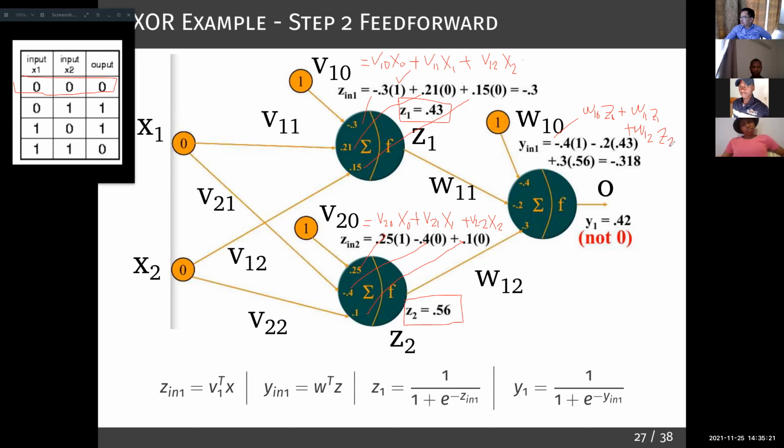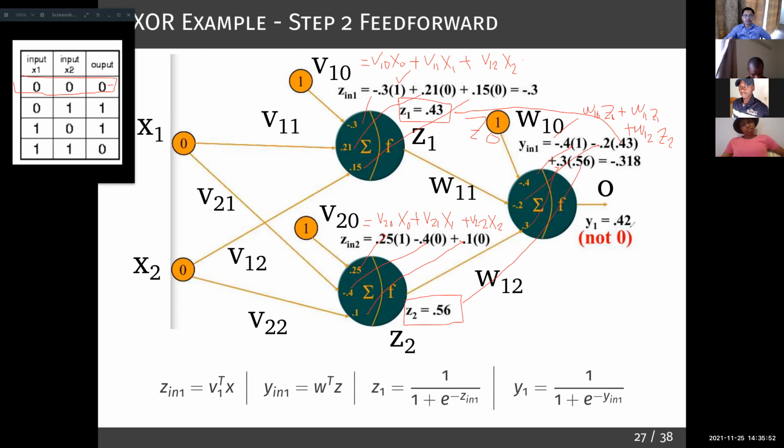Z1 and Z2 are computed already: 0.43 and 0.56. These are the initialized weights multiplied by these, and Z0 is the bias. Now your output is 0.42. The output is supposed to be 0, but your computed output here is 0.42.